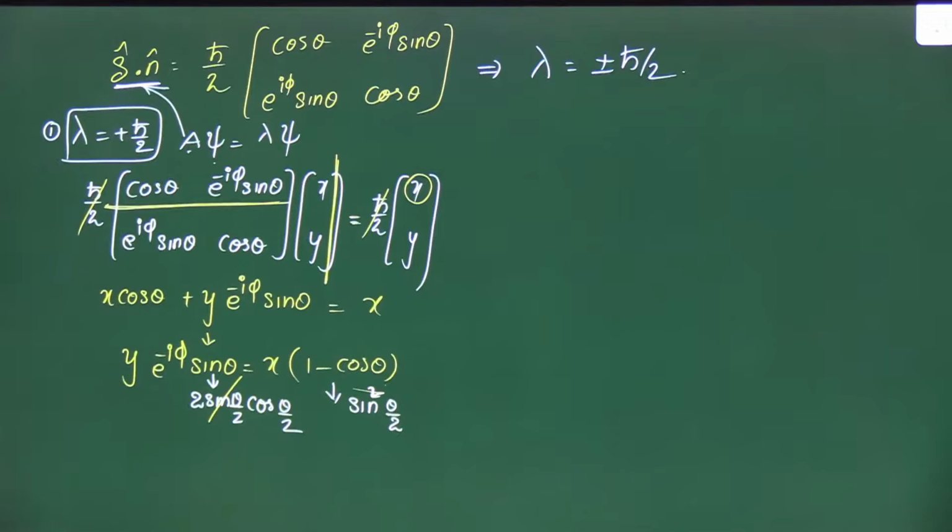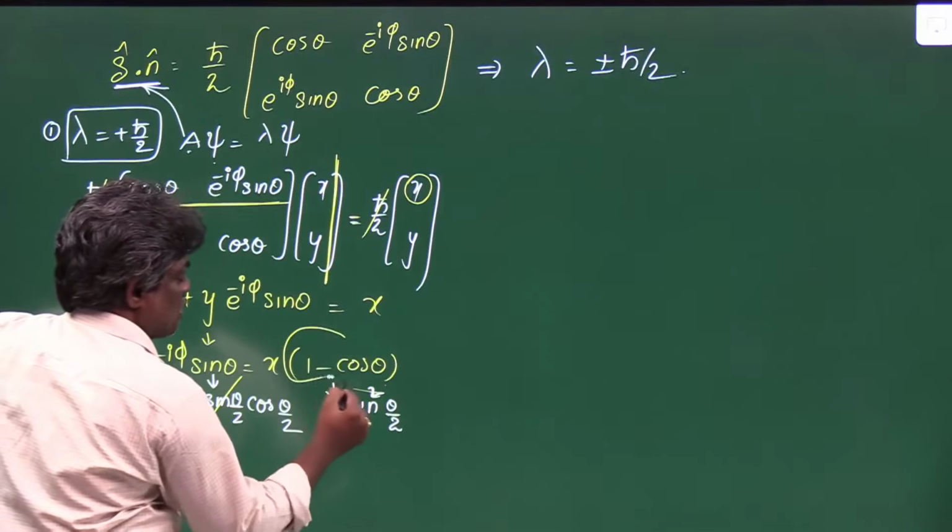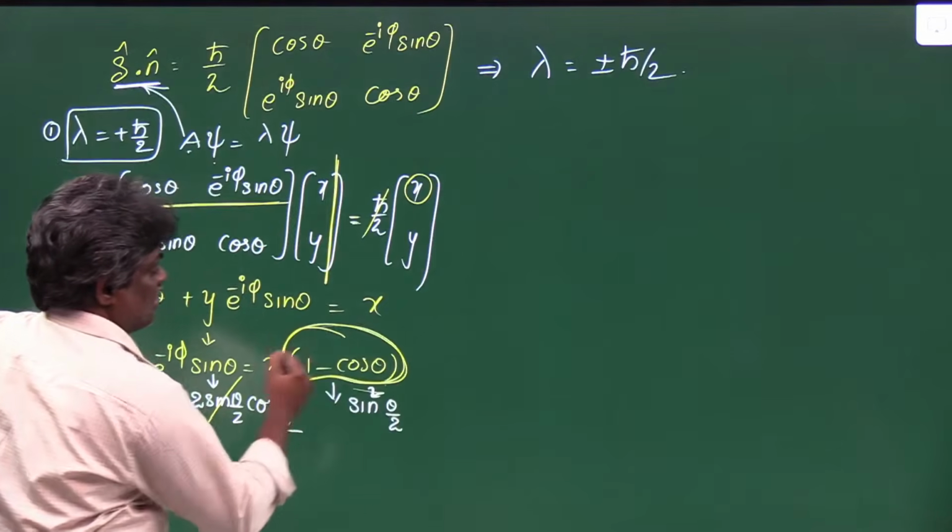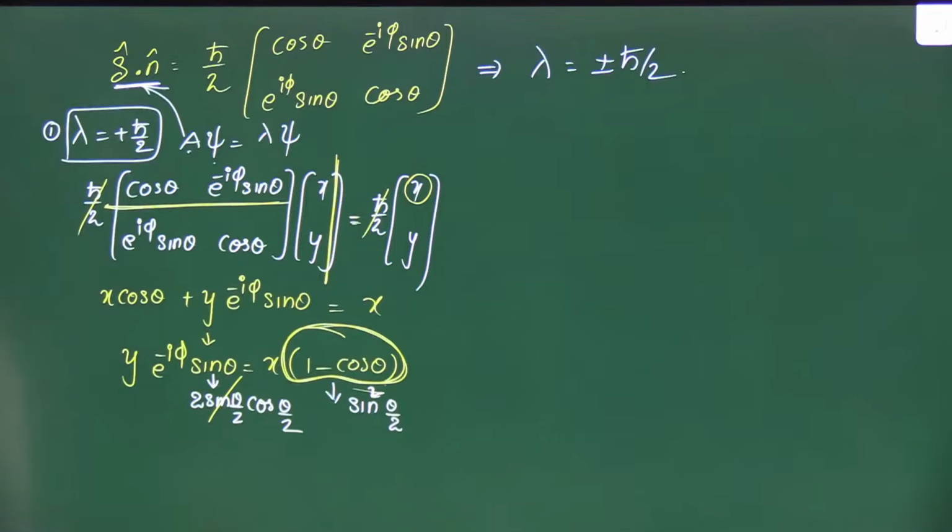If you write 2 sin theta by 2 cos theta by 2 below, x into... no, 1 minus cos theta is sin square theta by 2. Total 1 minus cos theta is sin square theta by 2.